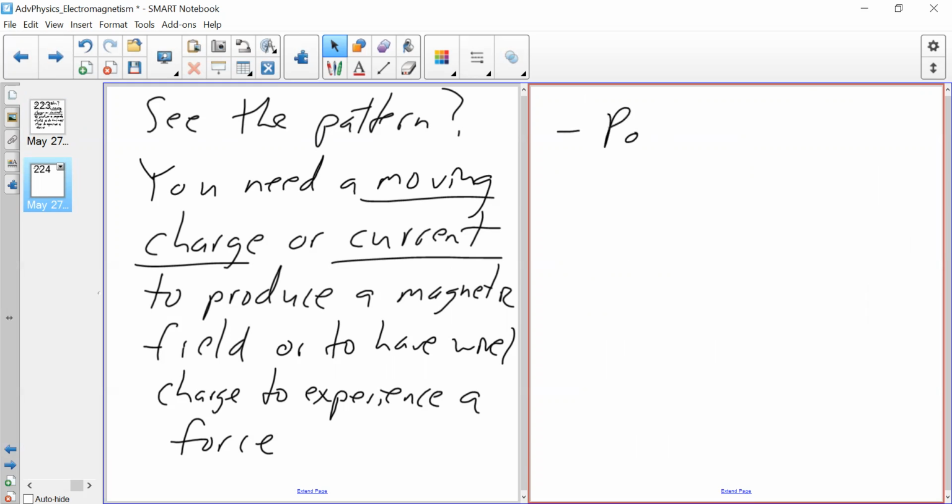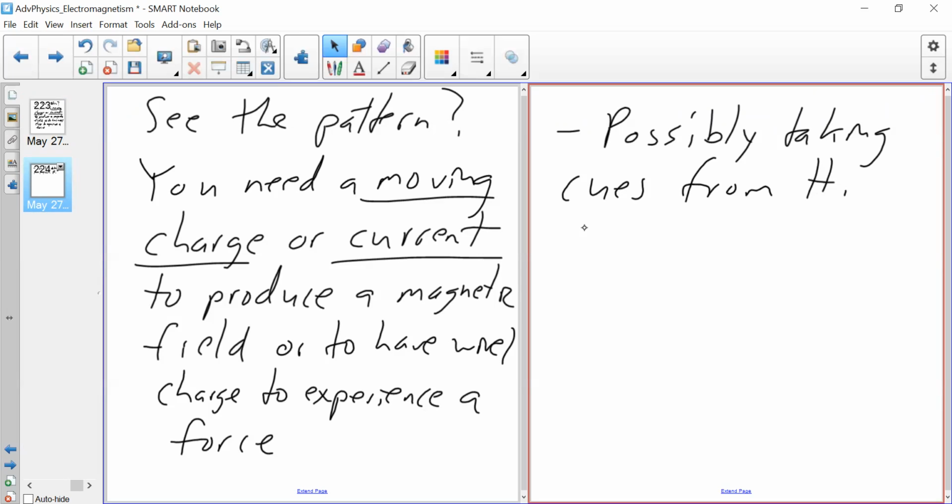Now, possibly taking cues from Hans Christian Ørsted. So again, this is a story, history of science kind of thing, and physics here.